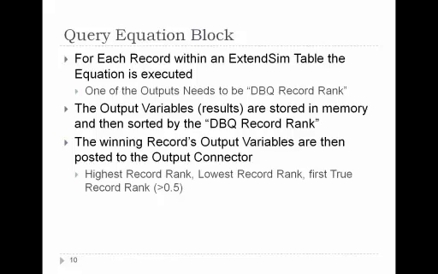One can select what the winning rank is by either the highest record rank, the lowest record rank, or the first true record rank. And when they say first true, true is a value of greater than 0.5.